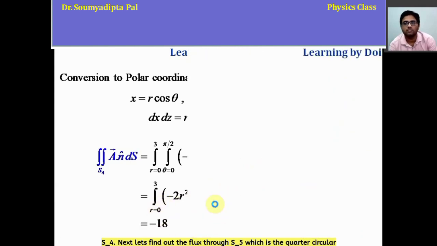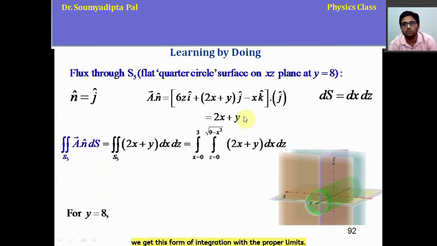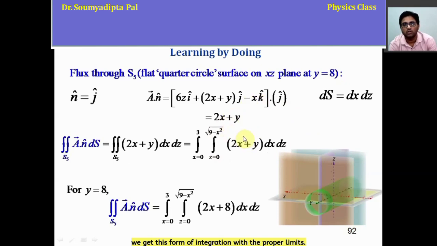Next, let's find out the flux through S5, which is the quarter circular surface on xz plane at y equal to 8, the front surface. In this case, n cap will be along positive y axis, that is j. Then a vector dot n cap and ds form will be like this. And using the similar concept of the previous case of S4, we get this form of integration with the proper limits.